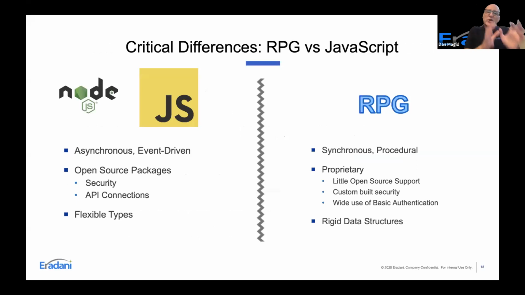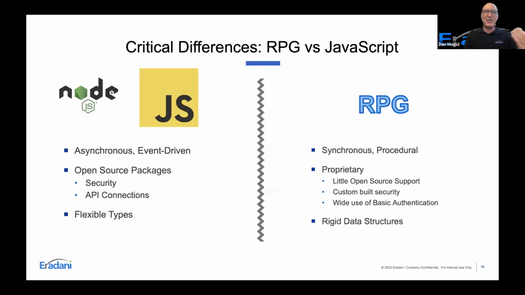So some of the critical differences why you might want to move the services code into something like JavaScript or Python is these languages are asynchronous and event-driven, whereas RPG is synchronous and procedural. There are lots of open source packages available, like the security packages, like the API packages, and they handle the flexible data that you tend to get from web services out on the web.